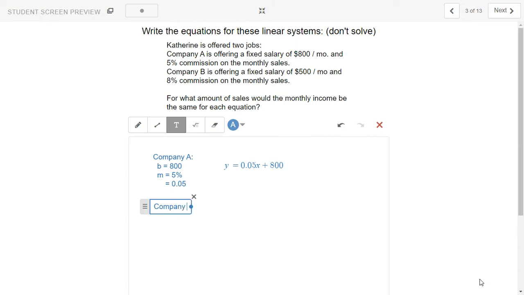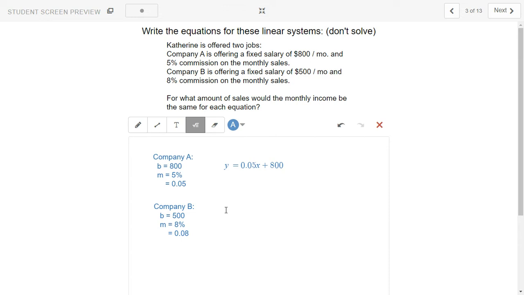Next, we have company B. We know that the fixed rate is $500 a month, and there's 8% commission. So, as a number to use in math, we need to use 0.08.